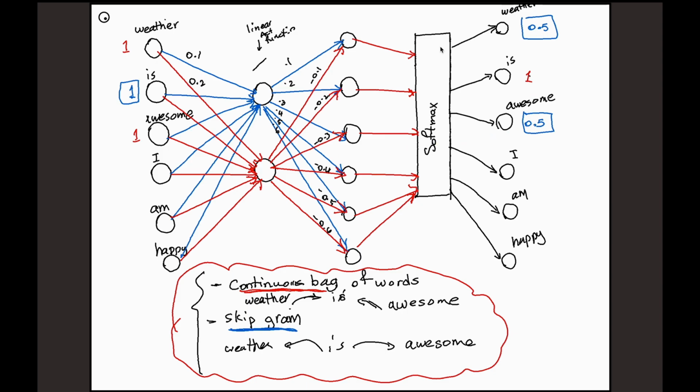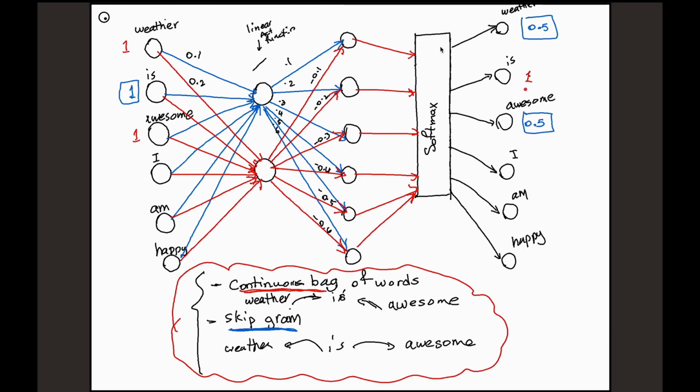As you saw earlier, for the continuous bag of words, when we had "whether is awesome," "whether" and "awesome" were the 2 inputs, and "is" was the only output. That's why everything else was 0. You wanted to predict probability 1 for "is."